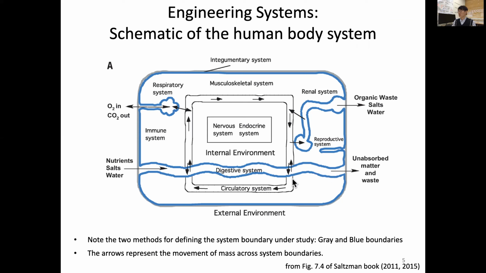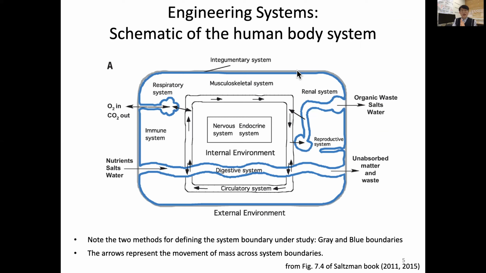Also, the other part is the circulatory system, which collects oxygen and exchanges oxygen and carbon dioxide. And through the circulatory system, it provides to the renal system or kidney, giving the waste product, and through this urine comes out. So organic waste, salt, and water can pass through. And in this way, we can consider this as a system.